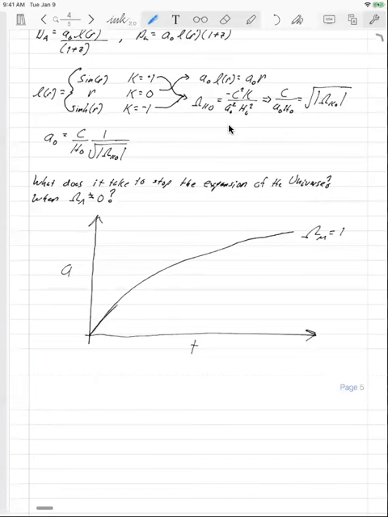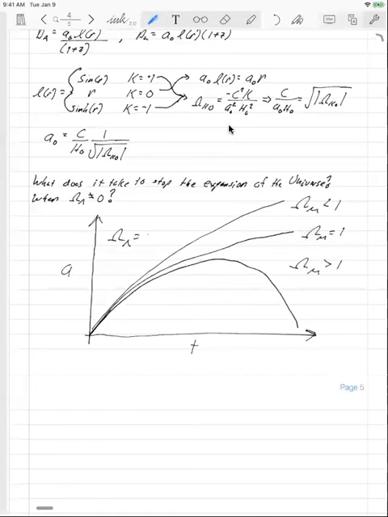There is this curve in which omega matter is greater than 1, and this curve in which omega matter is less than 1. This is when omega lambda is equal to 0. What it takes to stop the expansion and make it contract again was this condition: omega matter is greater than 1.